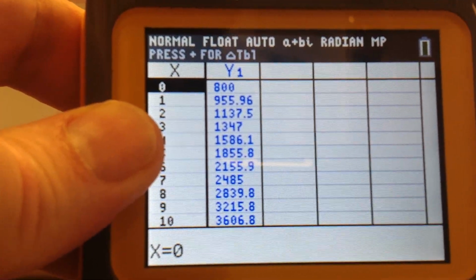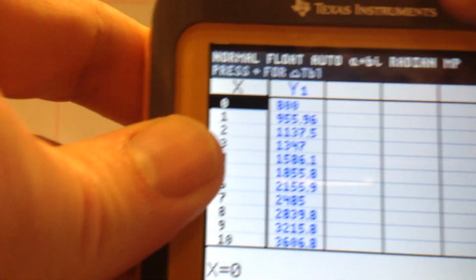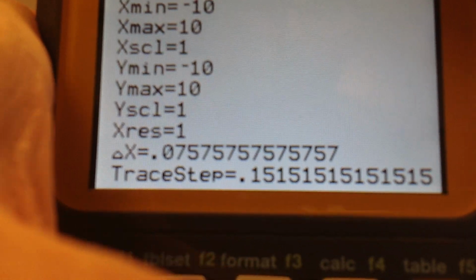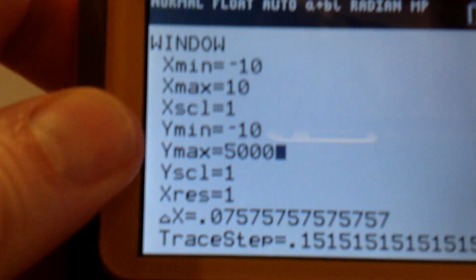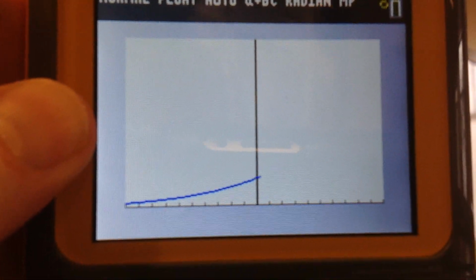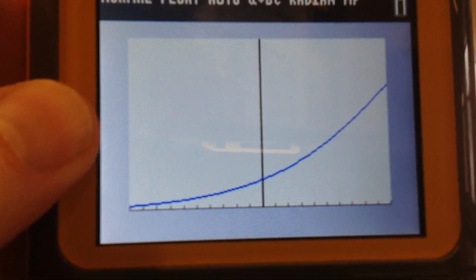So let's make our y maximum 5,000 and see what that looks like. Okay, so let's go down to the y maximum, put in 5,000. There it is, and let's see if we can see anything on the graph. Really, we're mostly interested in the positive values of x, so I think I'll change that.